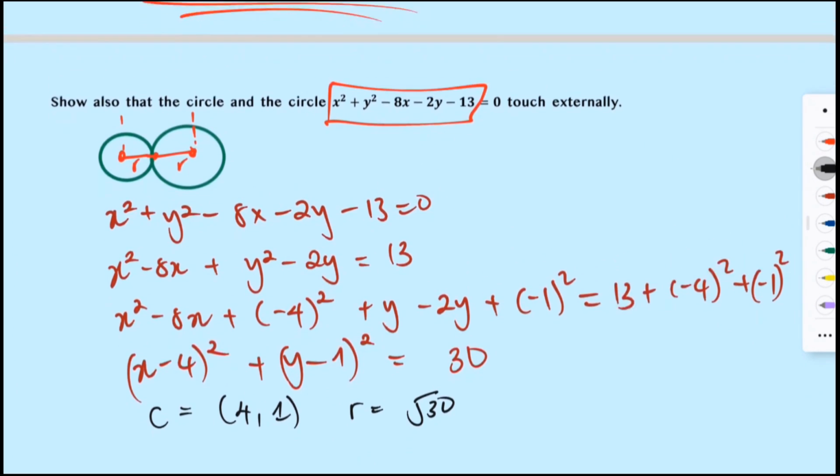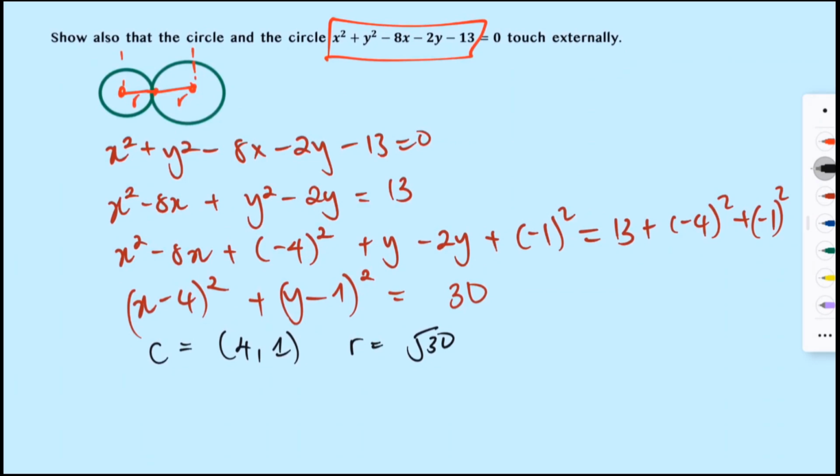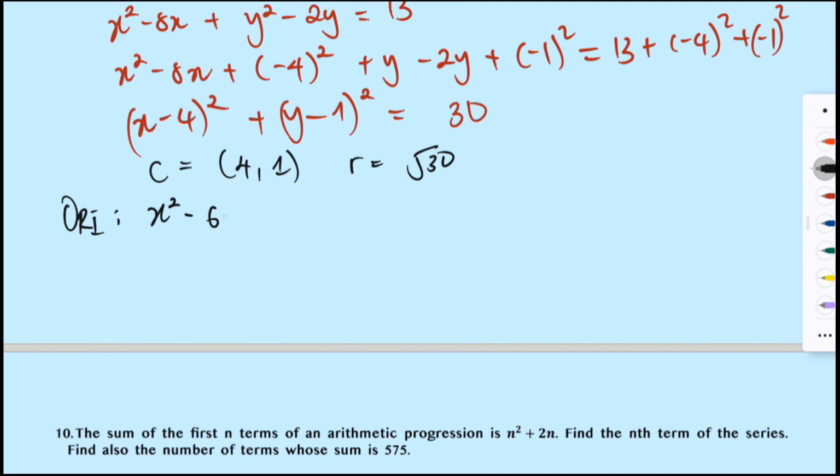The original circle was x squared minus 6x plus y squared plus 2y minus 17 equal to 0.